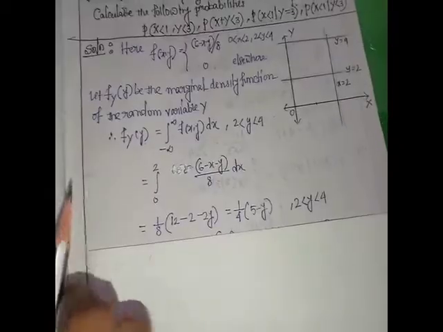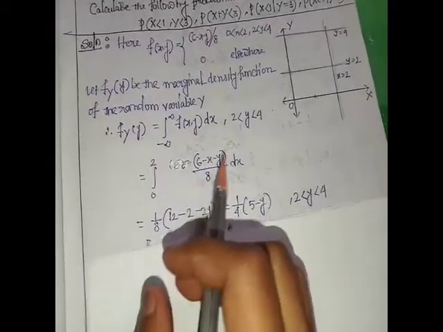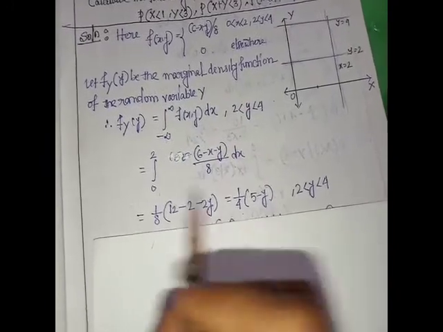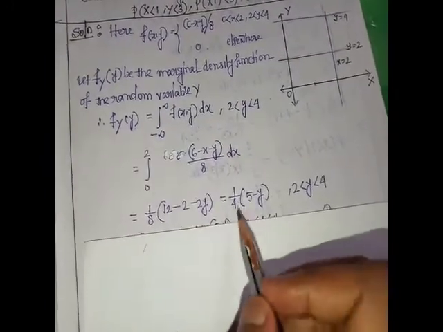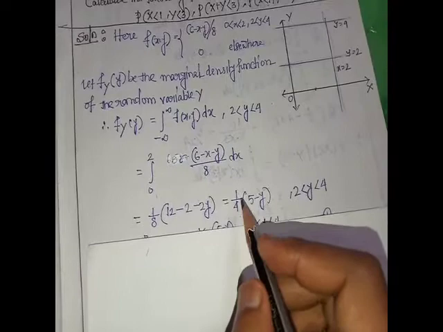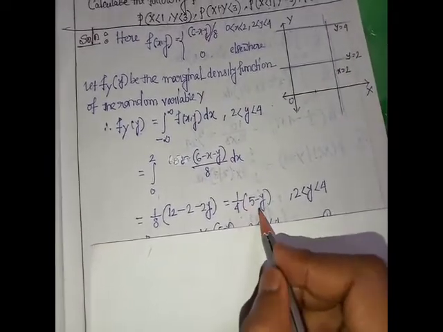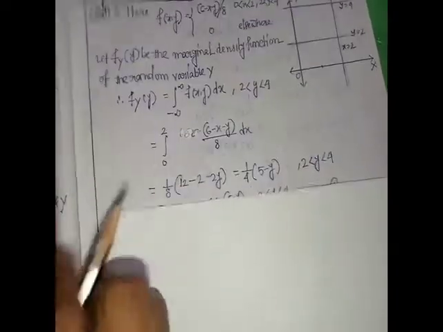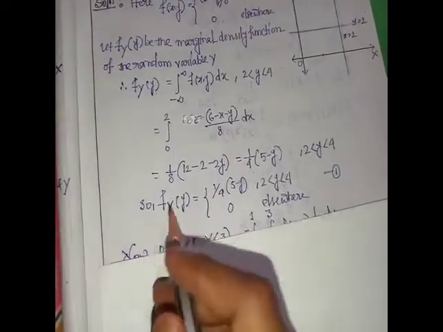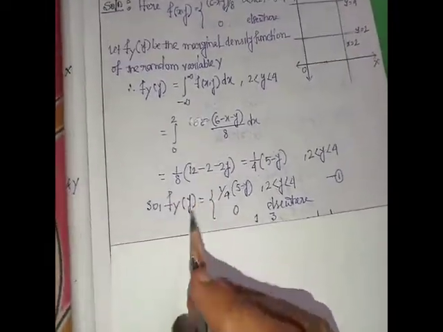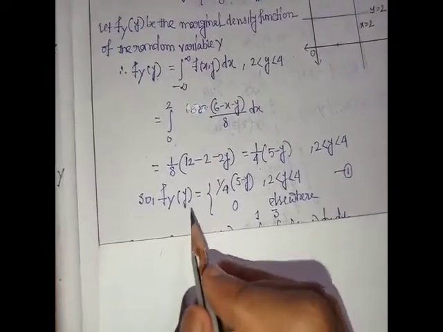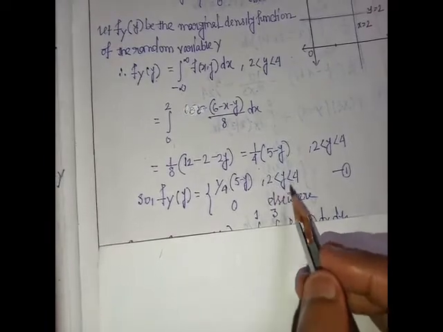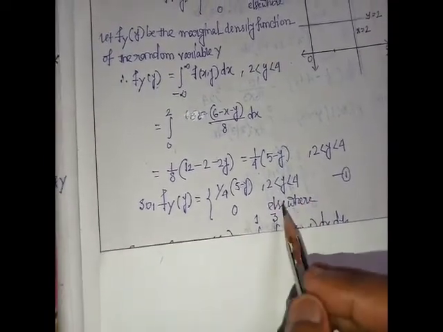After calculation, we get f(y) = (1/4)(5 - y), where 2 < y < 4. Hence, the marginal density function of y is (1/4)(5 - y) for 2 < y < 4, and 0 otherwise.